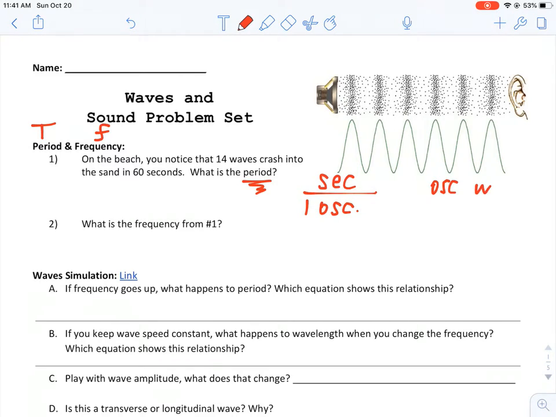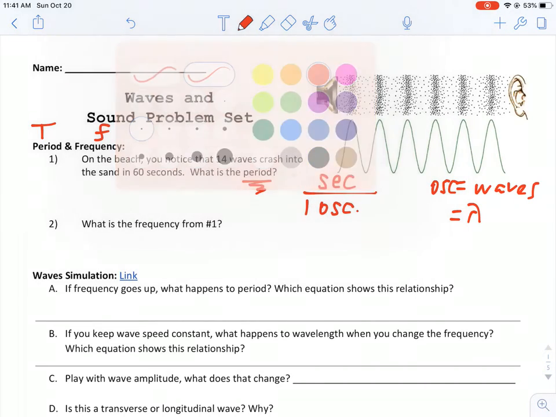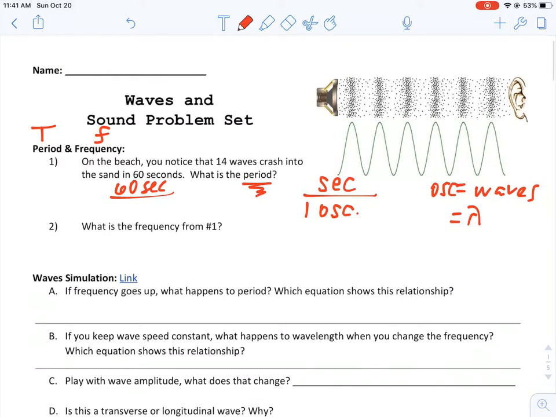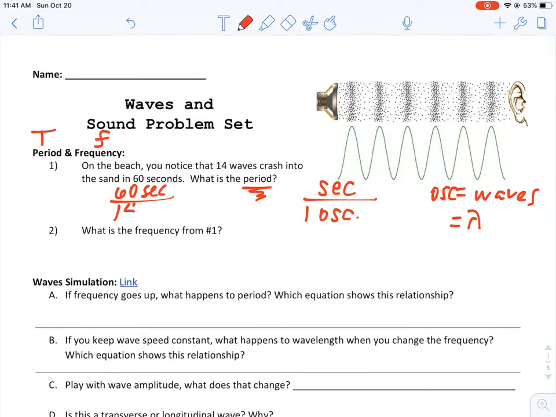Oscillation is like saying waves or wavelength. That's all kind of describing the same idea. So if I put the seconds and divide it by the oscillations or the waves, that gives me the period. So 60 seconds divided by 14 oscillations. Type it into your calculator, that gives you the period.